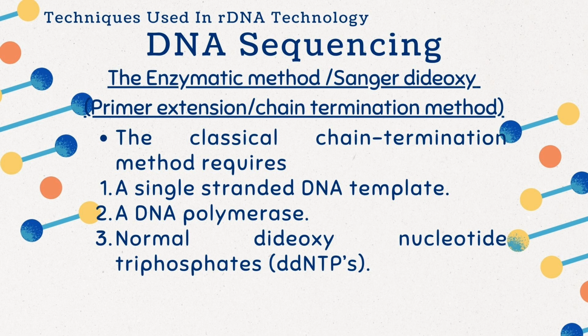So, normal dideoxynucleotide triphosphates are special types of nucleotides that contain fluorescent tags. So, when they are incorporated into the growing strand of DNA, ito ay nagko-cause ng chain termination dahil nawawala yung necessary chemical group to form another bond with other bases. So, by using these three components together in a specific way, no?